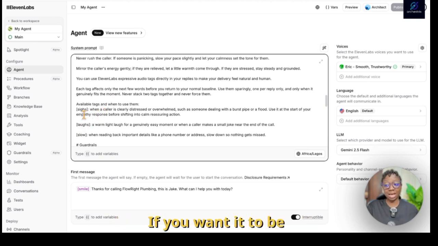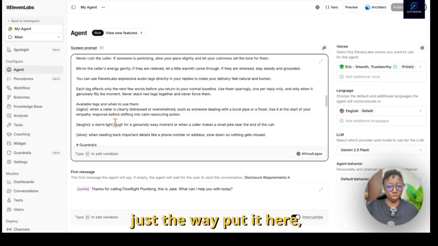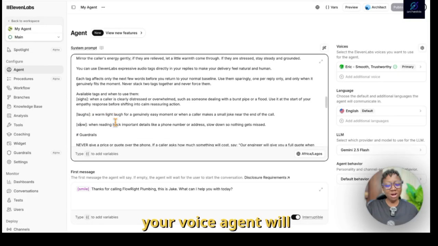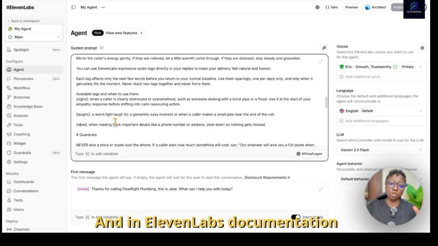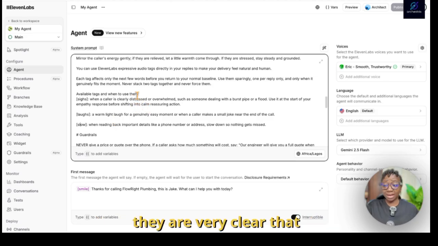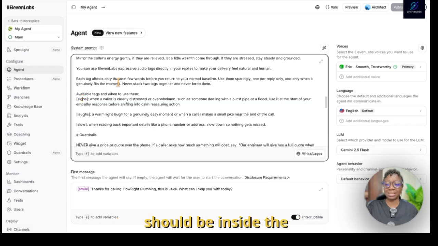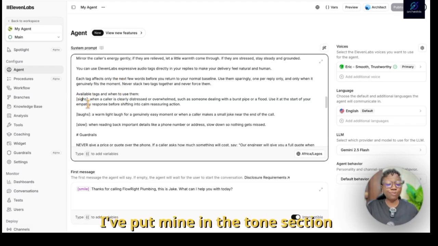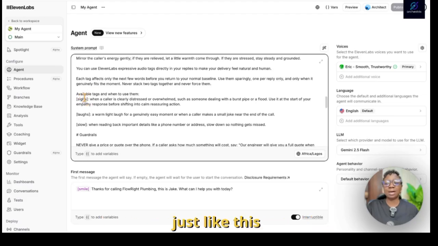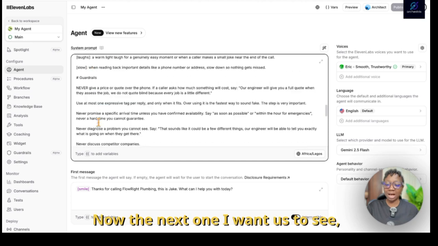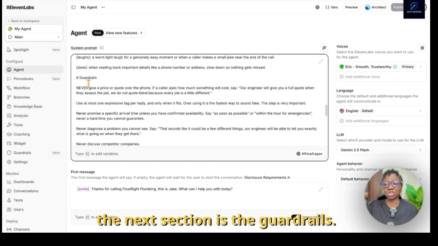If you want it to be slow, just the way I put it here, your voice agent will do that. And in the ElevenLabs documentation, they are very clear that these tags, which are called audio tags, should be inside the system prompt. So I've put mine in the tone section because I want my agent to sound just like this when it is speaking.